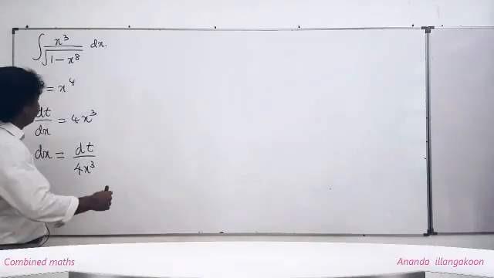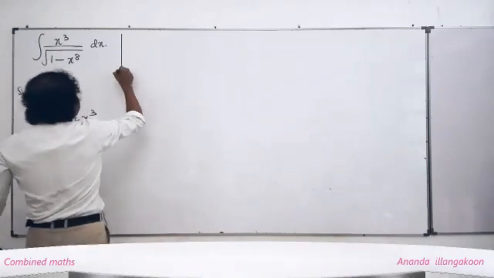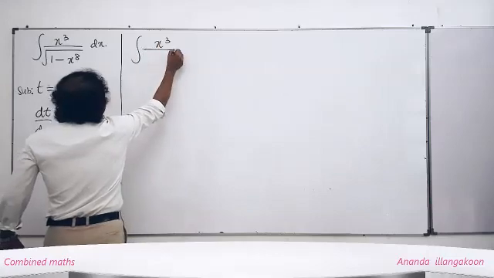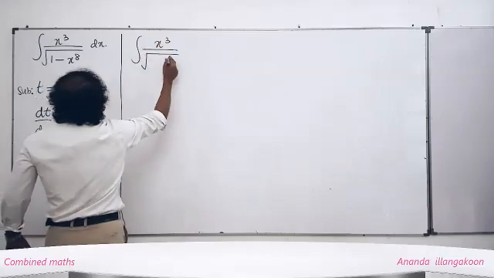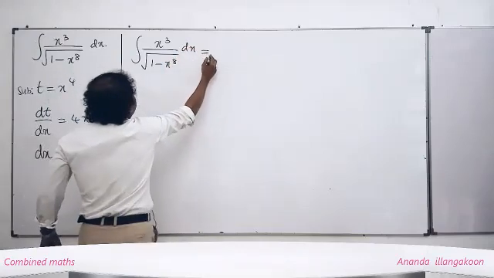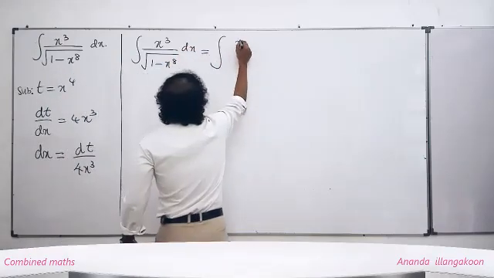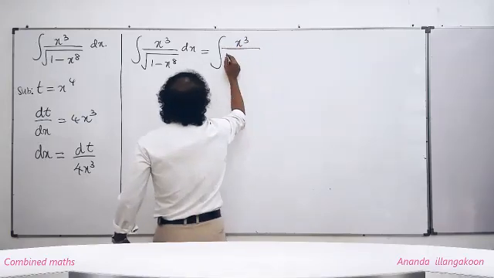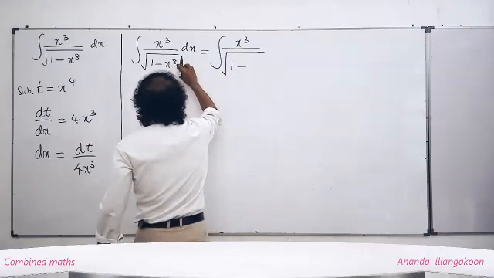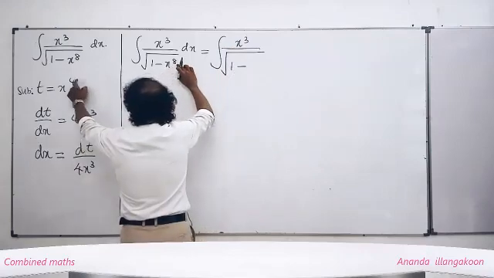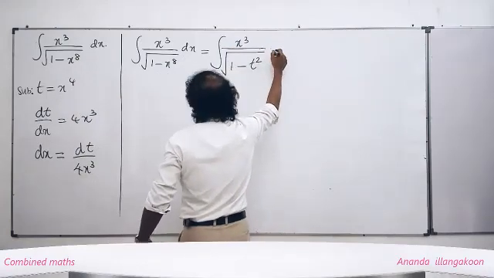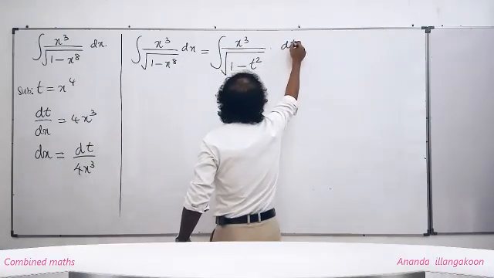Then come to this. 1 minus x to the power 8 means 1 minus t squared, and dx is dt by 4x cube.